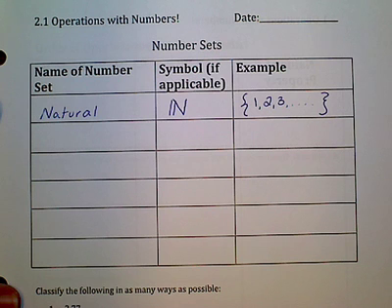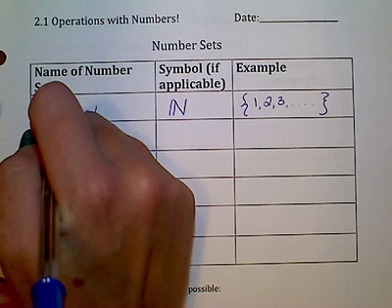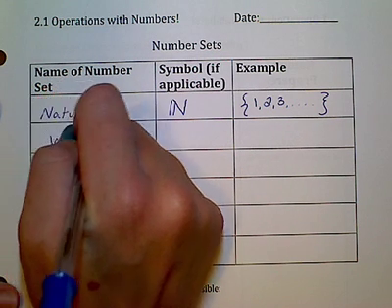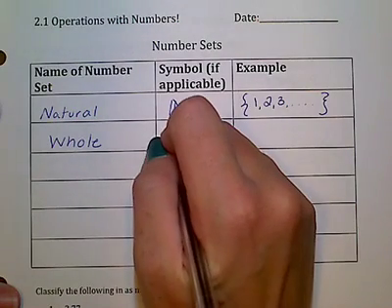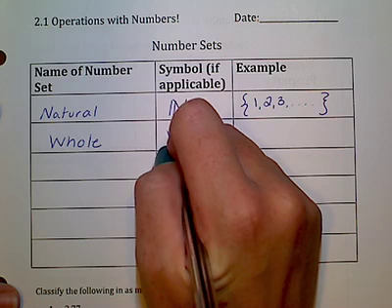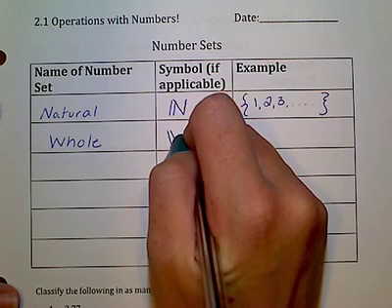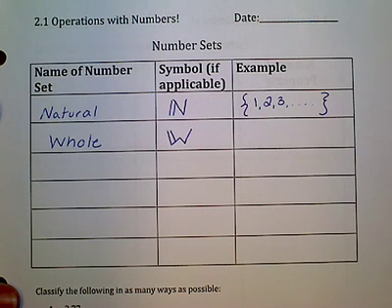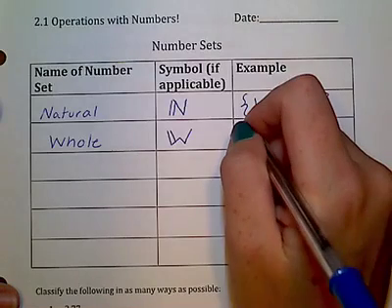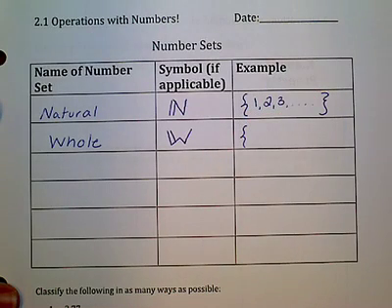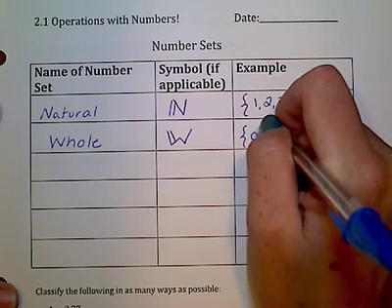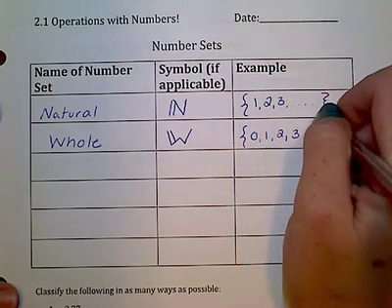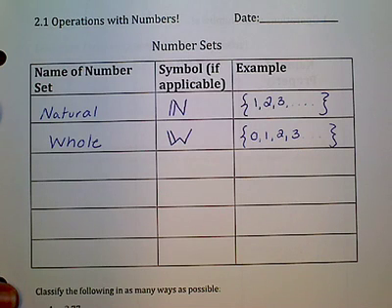The next set of numbers we would call the whole numbers. Their symbol is a big capital W with a double bar on one side. The only difference between the natural and the whole numbers is that whole numbers include 0, but everything else is the same as natural numbers.